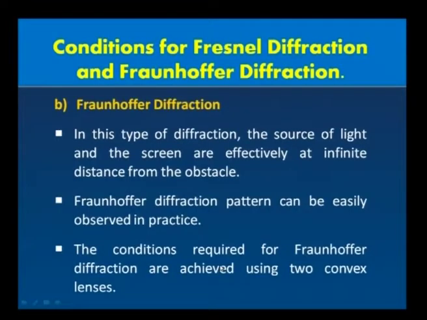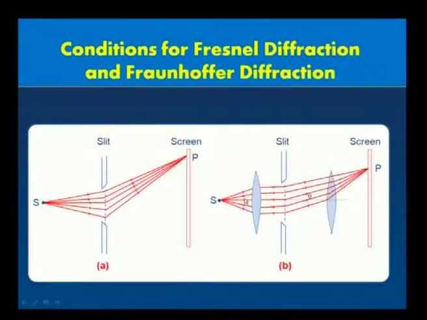The Fraunhofer diffraction pattern can be easily observed in practice. The conditions required for Fraunhofer diffraction are achieved using two convex lenses. As I show here, you can see the pattern that you get on the screen by having two lenses.